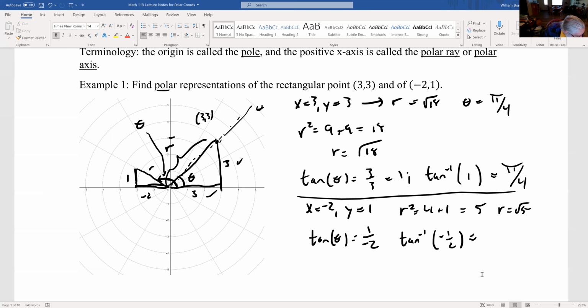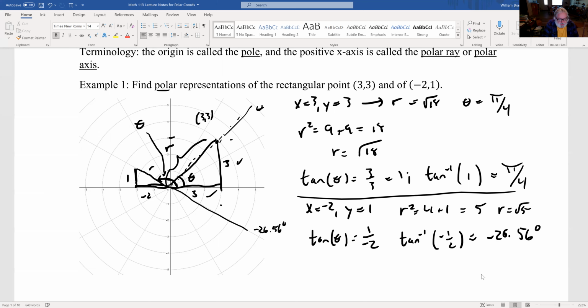And that turns out to be -26.565 degrees. Right, and that's the inverse tangent you get. But remember, the inverse tangent is always going to be in the first quadrant or the fourth quadrant, right? So minus 26 degrees is down here.